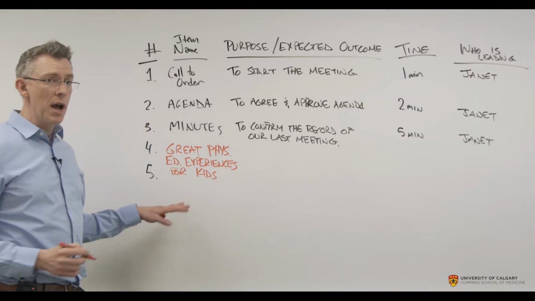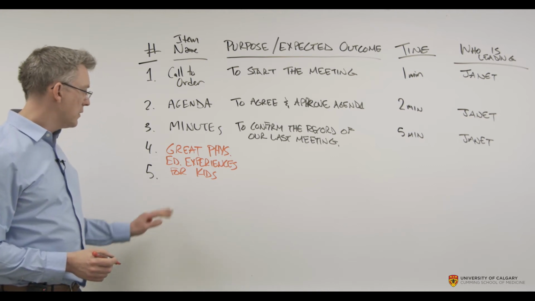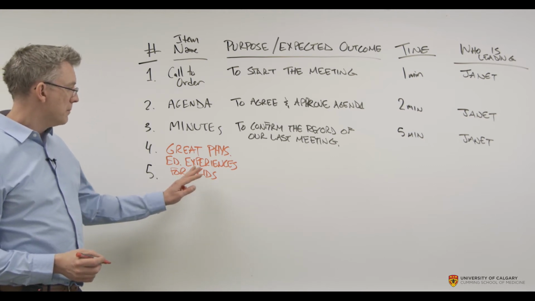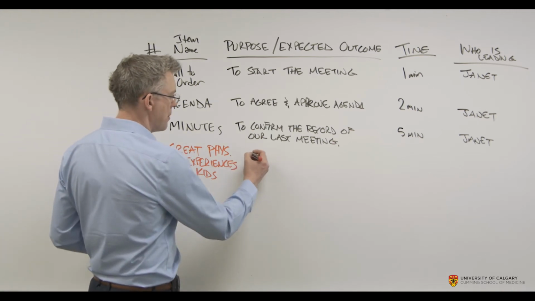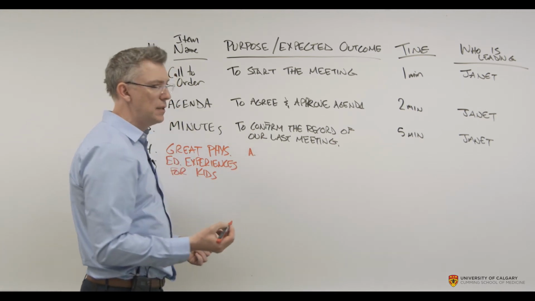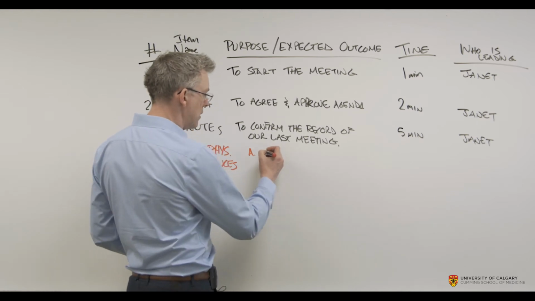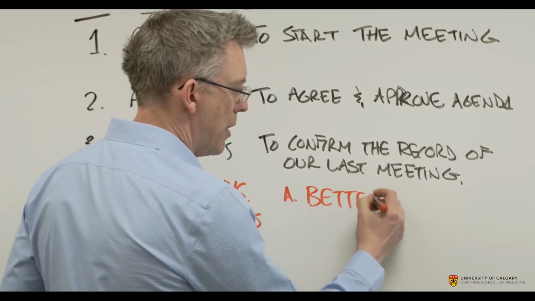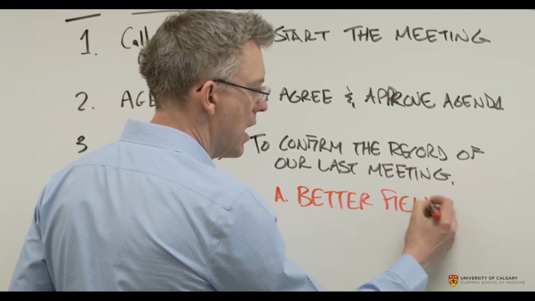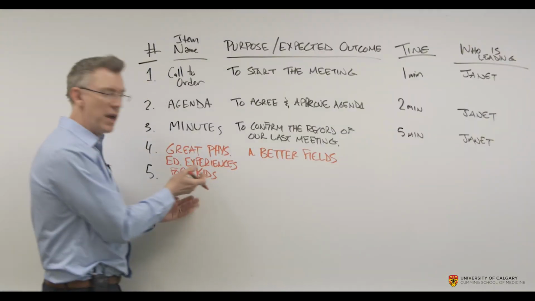Great. Now maybe you've got subsections to that. So there might be different pieces to this. So maybe item number A within that is working on better fields. Okay, because you can understand how that connects, right?